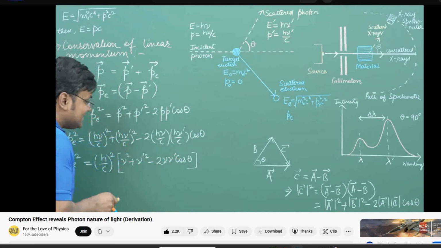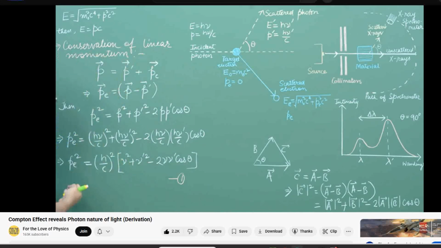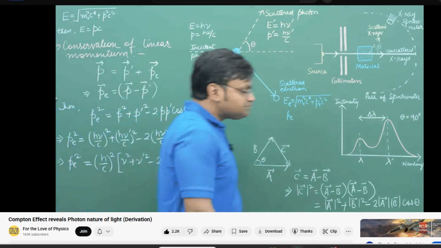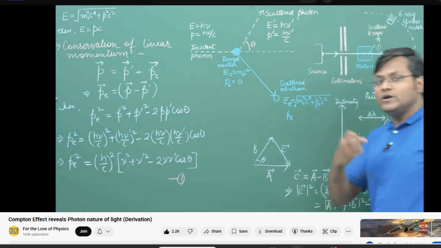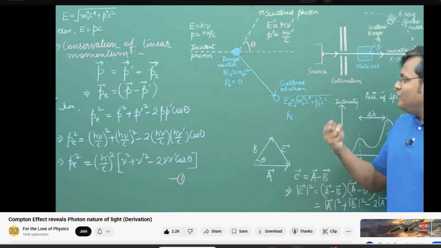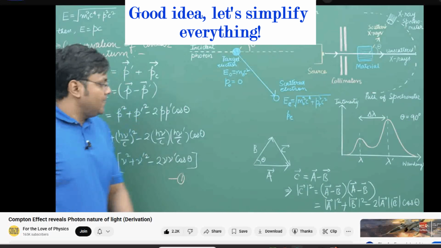Let me say that this is equation number 1. So based on conservation of linear momentum, I come up with this particular expression. Now I want to apply conservation of total energy, and let's see if we can use this expression there to simplify everything. All right.